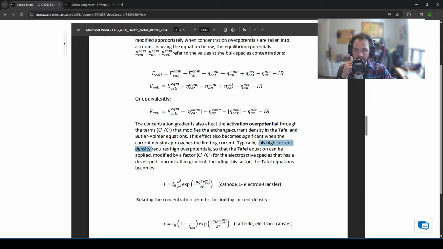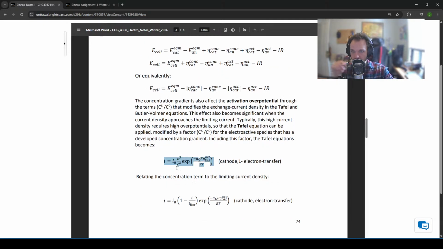Typically, this high current density requires high overpotentials, so the Tafel equation can be modified by a factor of the concentration ratio for the electroactive species that have a developed concentration gradient. Including this factor, the Tafel equations become this. But if we're to use the current density limitation, it becomes this instead.